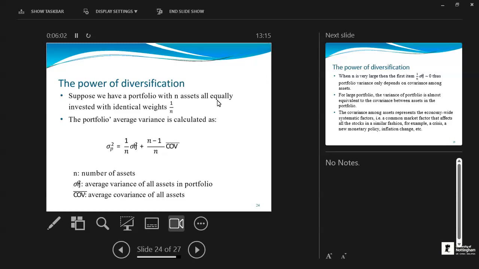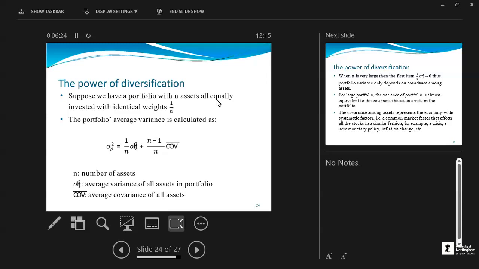So this is the first term. Then the next term we have is the average covariance, n minus 1 over n times the average covariance. Small n here represents the number of assets in our portfolio.